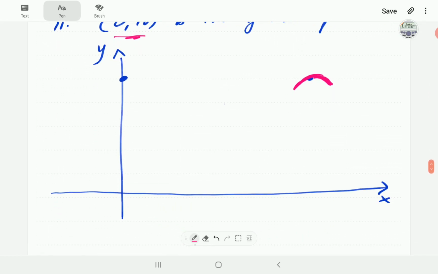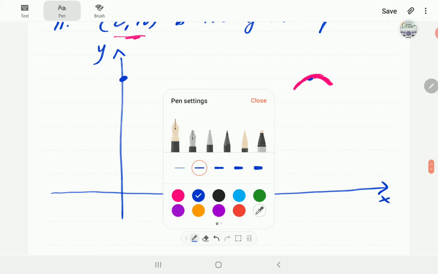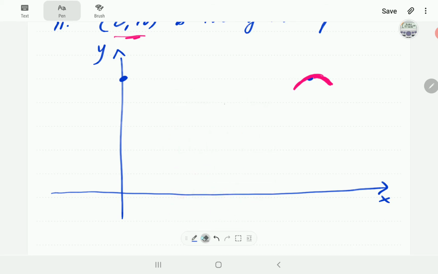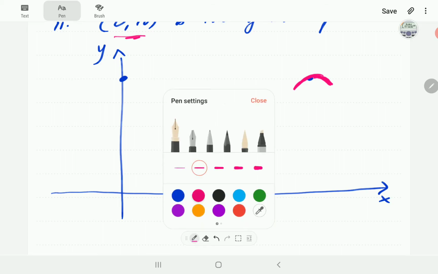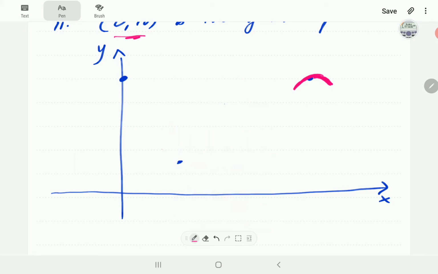So (1, 6) is going to be to the left of this point and much below. So suppose we take this to be (1, 6). At this point, the graph has got this shape because we have got a local minimum there.